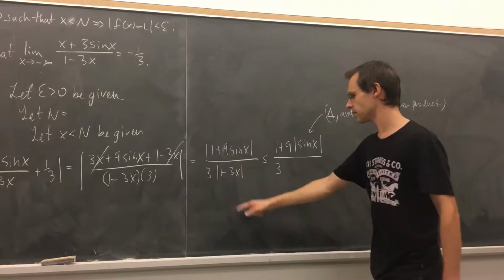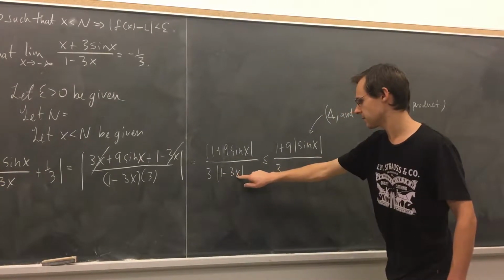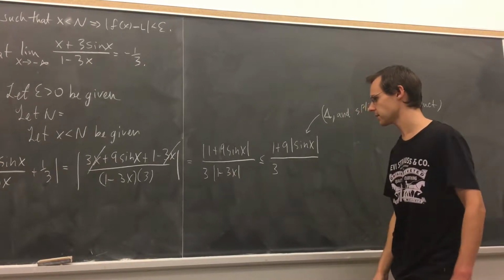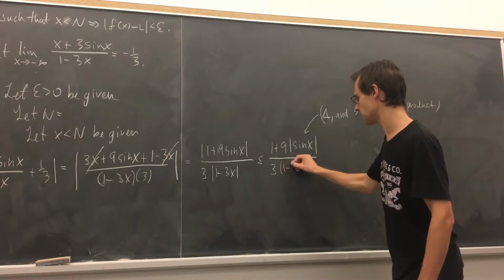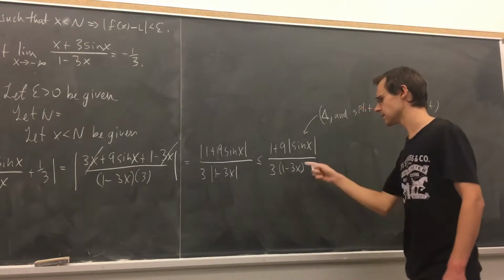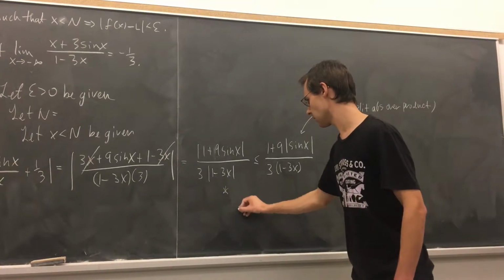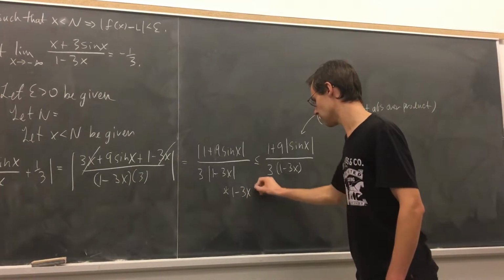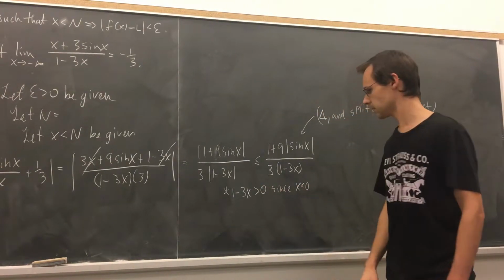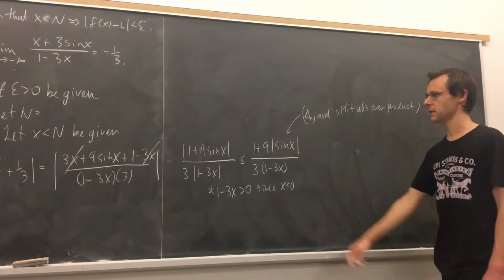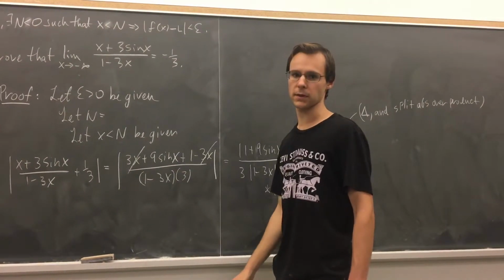So 1 is positive, and then the negative 3x is negative times negative, which is positive. So we don't need to flip the sign or do anything here. We can just drop the absolute value right away, because this is always positive. Star: 1 - 3x is greater than 0 since x is less than 0. So with the negative infinity proofs, as x goes to negative infinity, we do have to be a little bit careful with the sign.